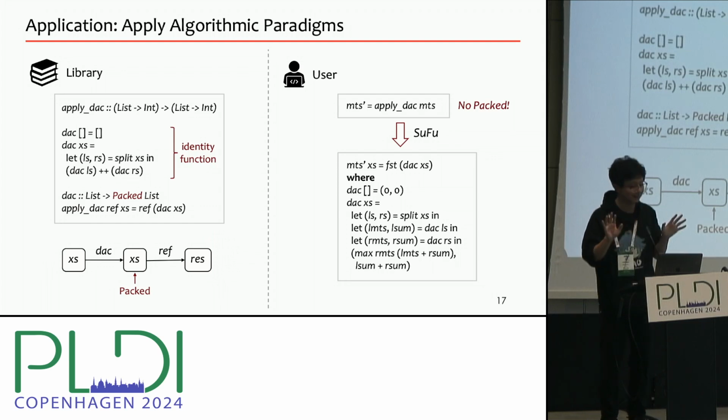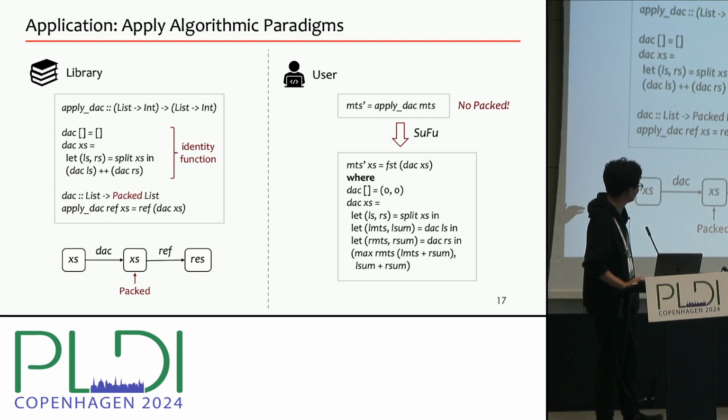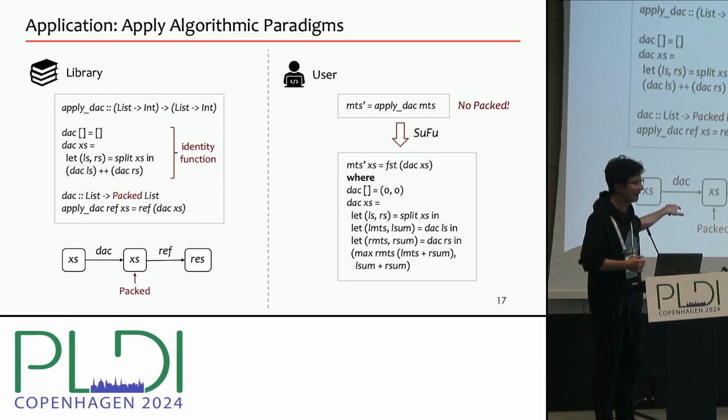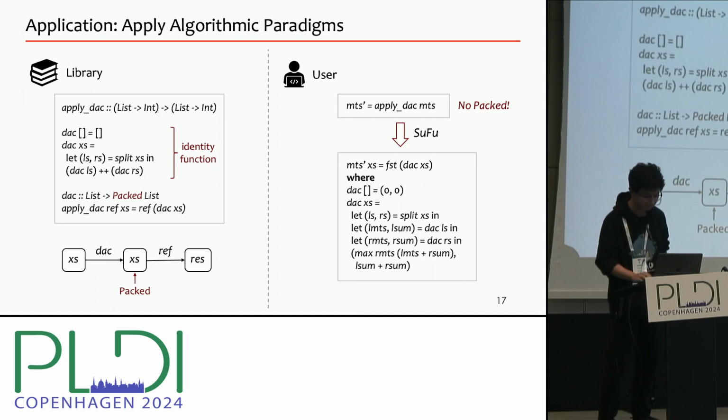So let us consider what will happen if we apply SuFu to eliminate this intermediate data structure. At first, during the elimination procedure, this divide and conquer function can no longer produce this whole list, right? Because it will be compressed. So it will be forced to directly calculate the final output of the reference function, resulting in a very specialized divide and conquer algorithm for this reference function.